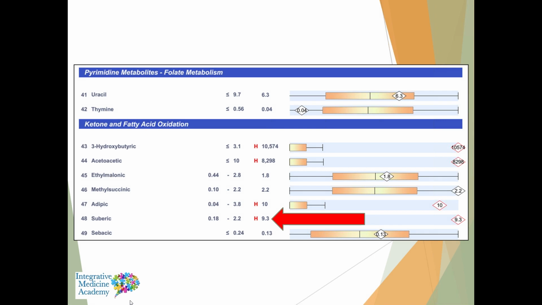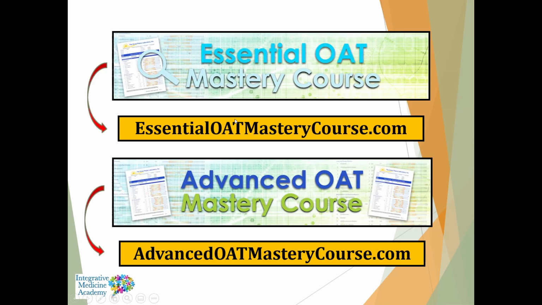Well, it turns out that 2-hydroxybutyric is also, remember, a marker that could be linked to glutathione production, but it can also be an early marker for insulin resistance and impaired glucose regulation. So it's often elevated in people in ketosis, or ketoacidosis.